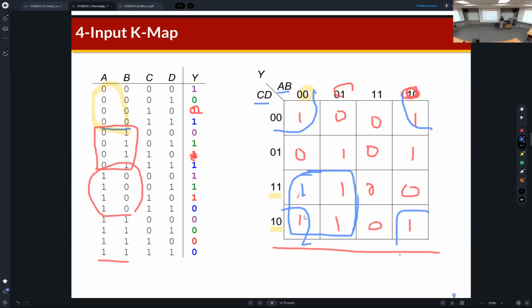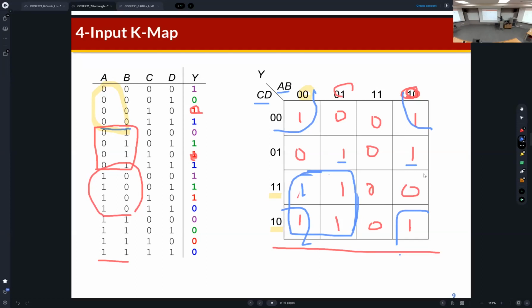Okay. Then we need to find a group that includes the two elements. So actually, the ones are included by this group, the one largest group, and then another largest group here. Okay, so then we can have two ones here and here, right? These ones are not included in this group.